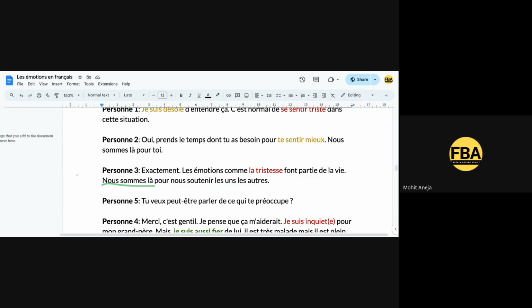We are there. Pour nous soutenir, it's to support each other. Les uns les autres, each other, basically. If there are groups of people like this, they're supporting each other. ठीक है?